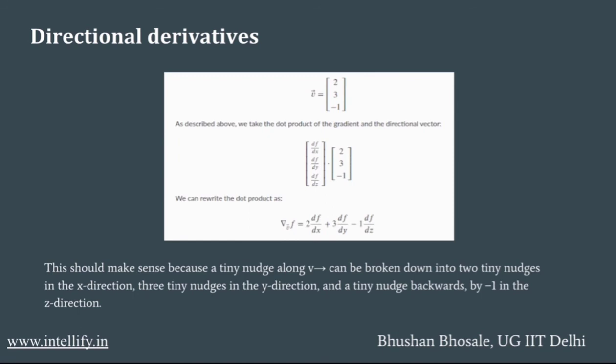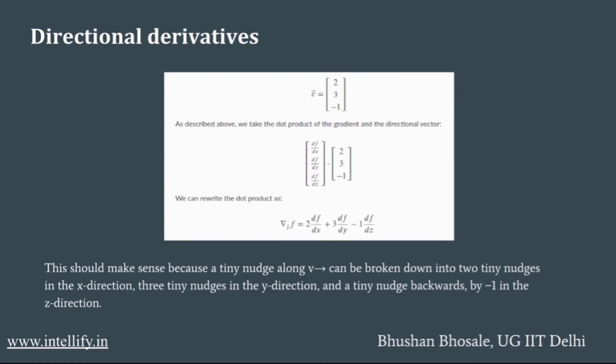And for using directional derivatives, we actually need partial derivatives, because df/dx is nothing but a partial derivative with respect to x, and similarly y and z are also needed.